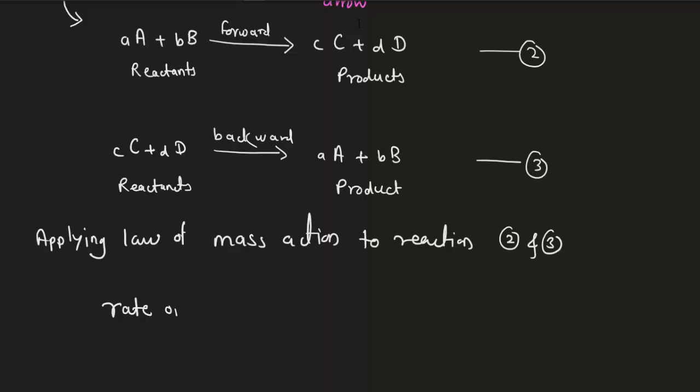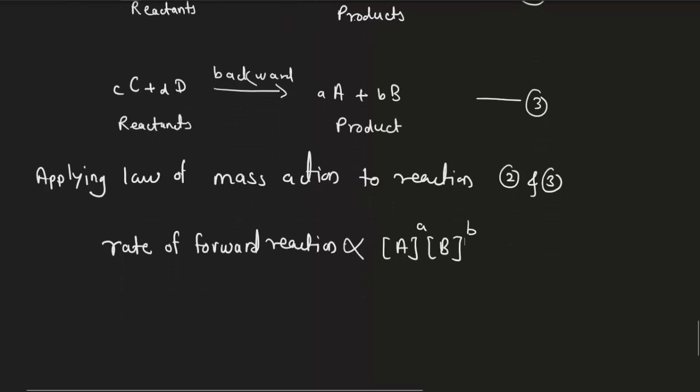The rate of the forward reaction is directly proportional to the product of the molar concentrations of the reactants A and B, raised to suitable powers: A raised to a and B raised to b.